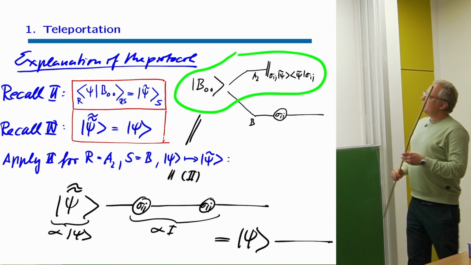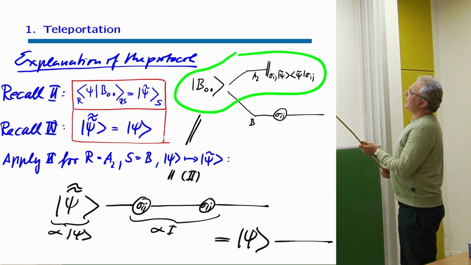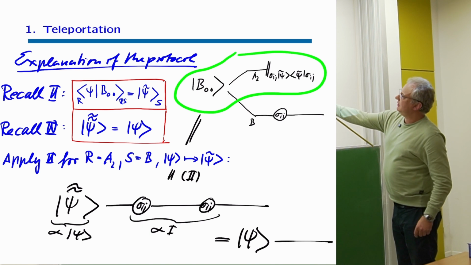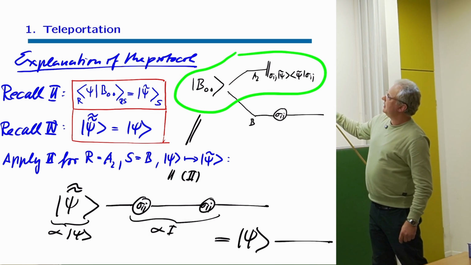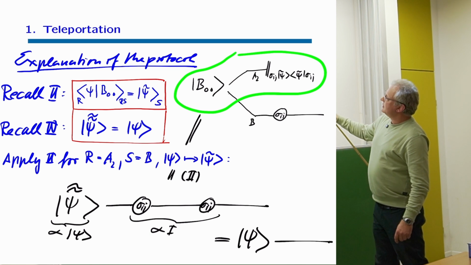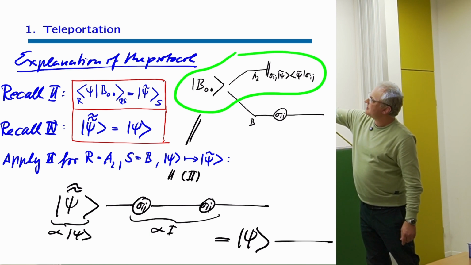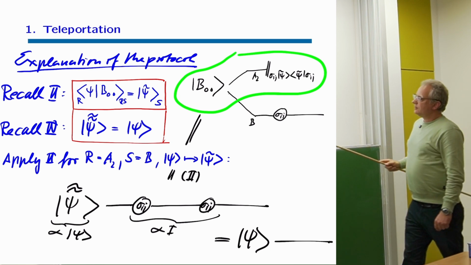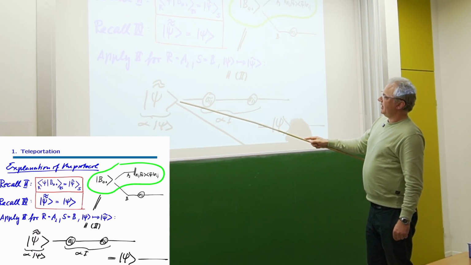When we do this, what comes out of this relation is that psi gets a tilde on it, so it already has a tilde, and it gets a second tilde. That's what we find.